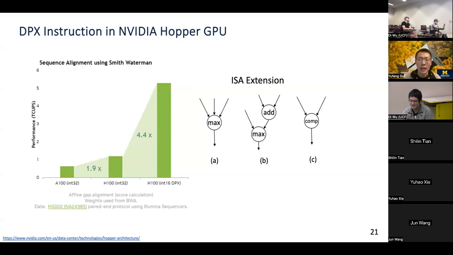Yeah, I think on both the edge and cloud side, there are lots of opportunities. Firstly, on the edge side, some years ago there was research work integrating computing logic into the sequencer.